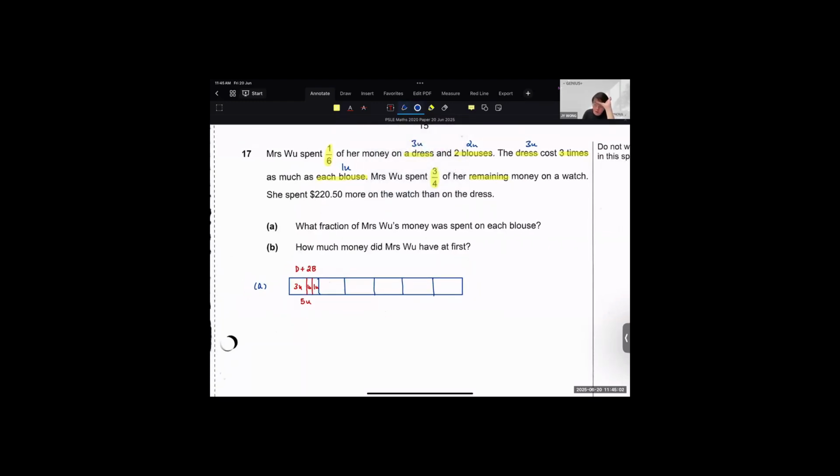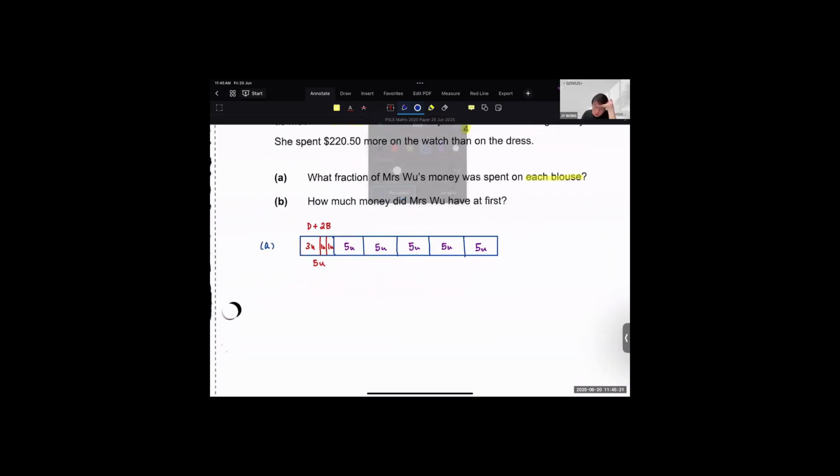And then now, what fraction of Mrs. Wu's money was spent on each blouse? So we answer part A of the question first. If this is 5 units, that means everything here is also 5 units. So how many units is your blouse? Your blouse is 1 unit. What's the total amount of money?